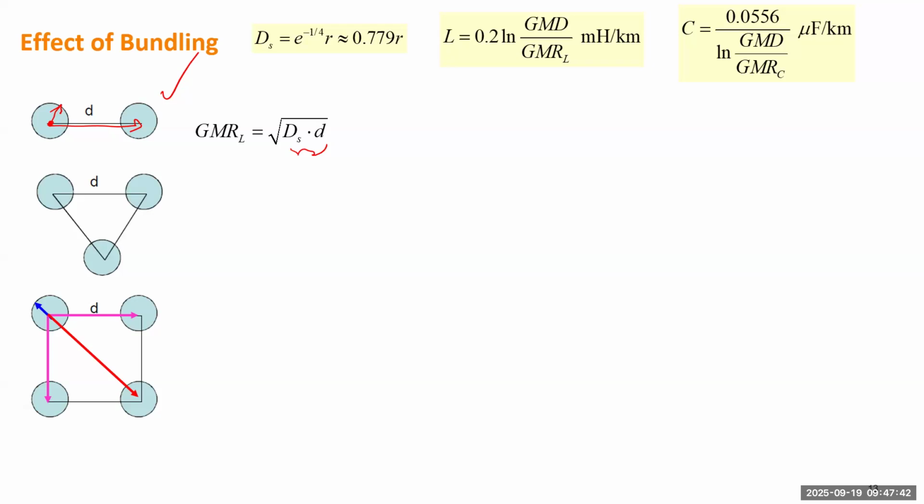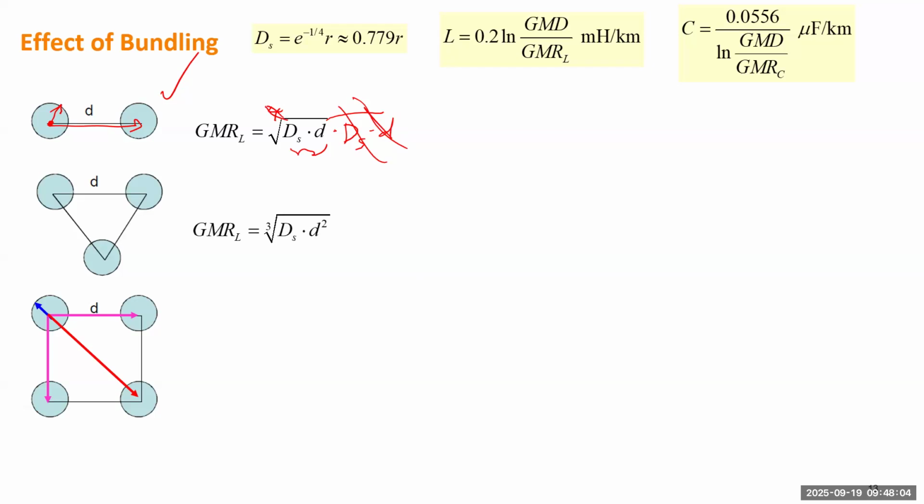And because the 2 conductors are identical, when we change the reference, we will generate another one. So for the second one, you also have ds times d, and this is 4, right? But you can simplify to be just the square root of the product ds and d.